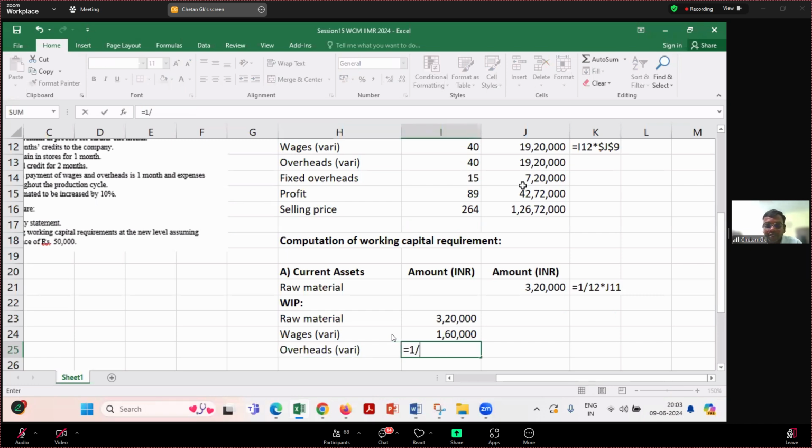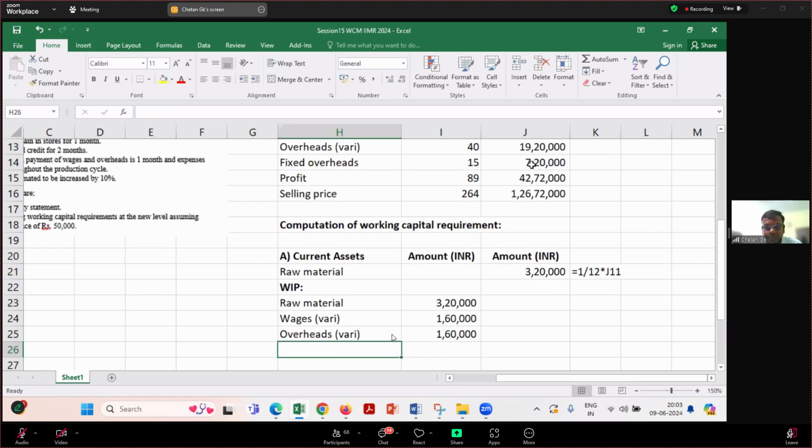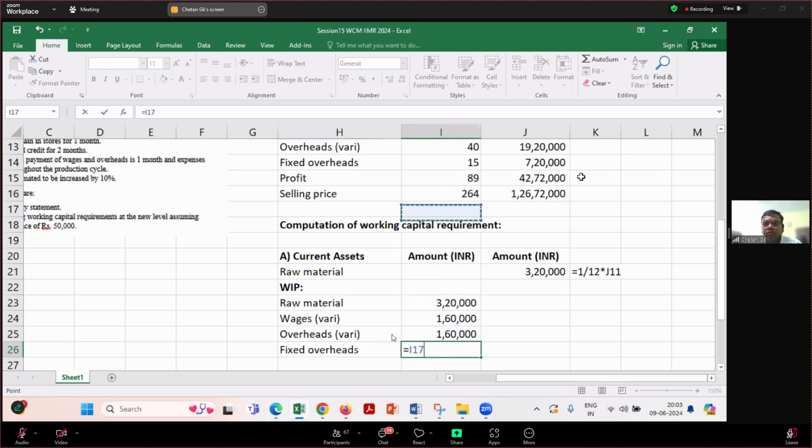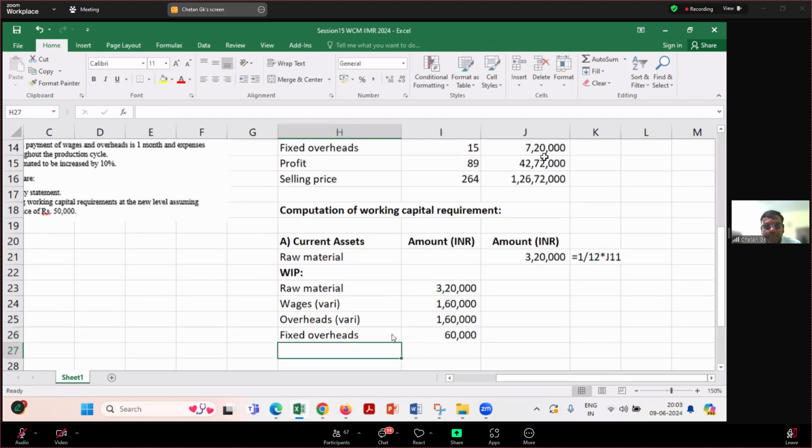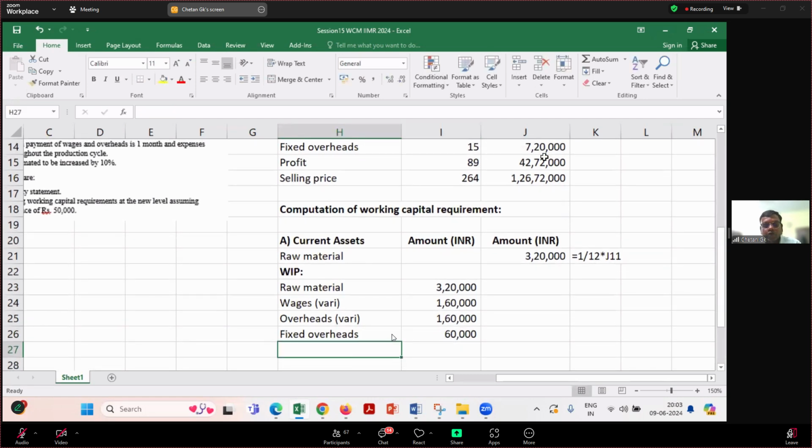Again, it is also 1 month, so multiplied by overheads variable. Next is fixed overheads. The fixed overheads are 720. So 1 by 12 multiplied by 720. So fixed overheads we have done as well.